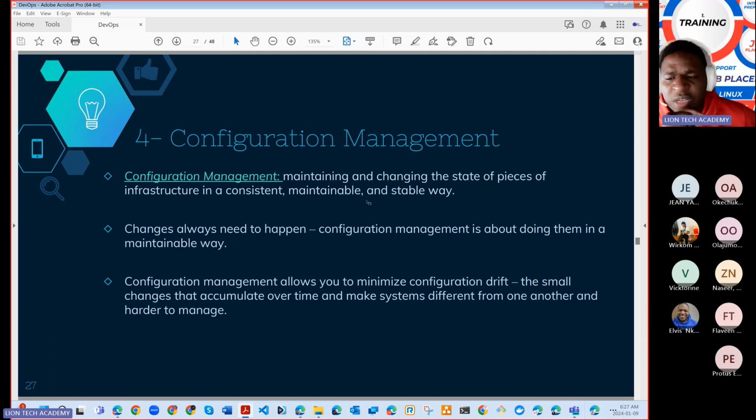Configuration management allows us to minimize configuration drift, the small changes that accumulate over time and make one server different from another, and harder to manage. Now imagine that you work for a company like Netflix. Netflix has somewhere over 50,000 computers supporting their infrastructure.